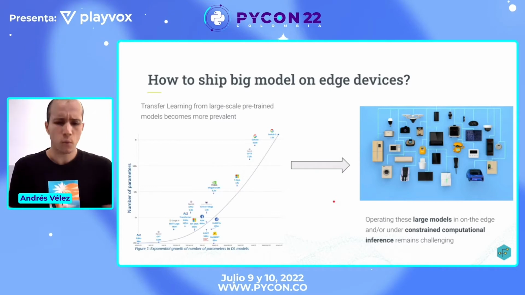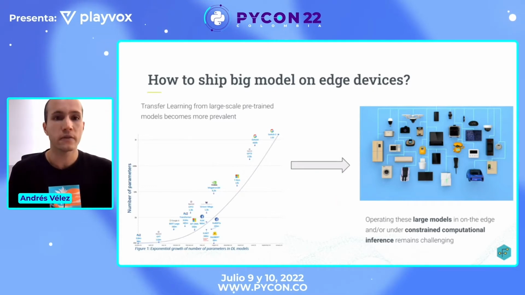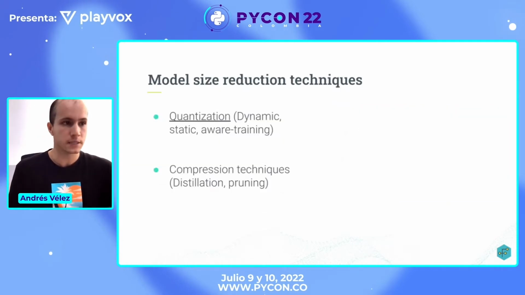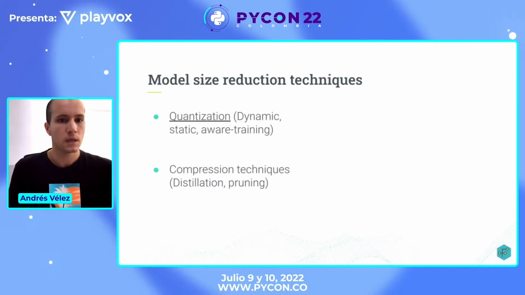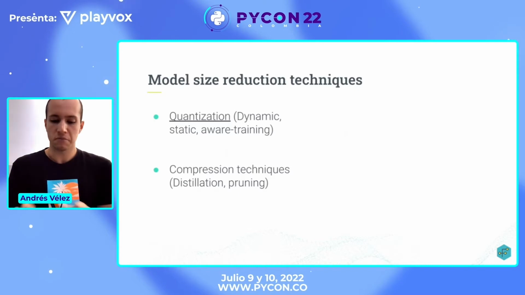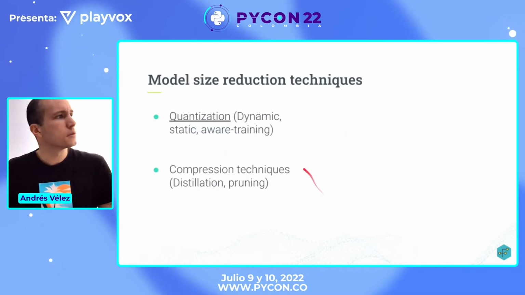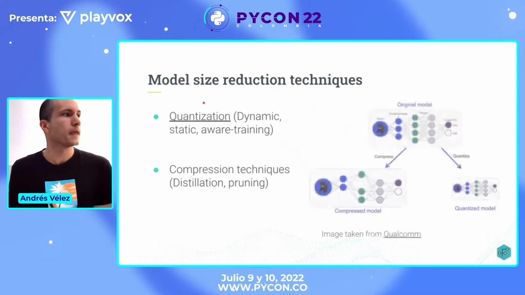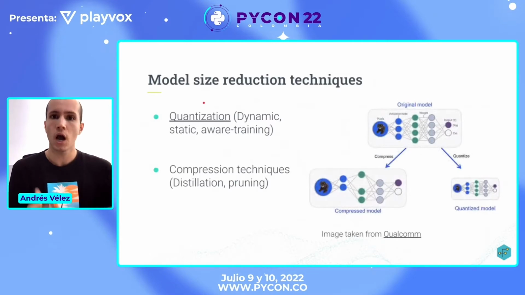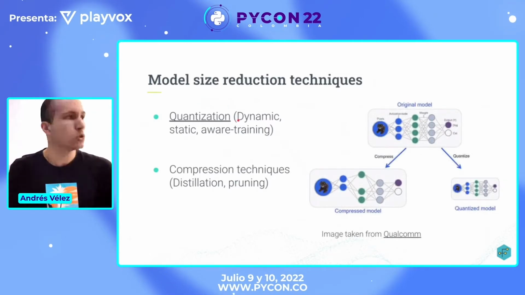So when we have these kinds of problems, it's really interesting to have some knowledge of the model size reduction techniques. There are two main branches for this. The first branch is model quantization. Model quantization comes in different flavors. You could find model quantization in dynamic way, static, or quantization-aware training.